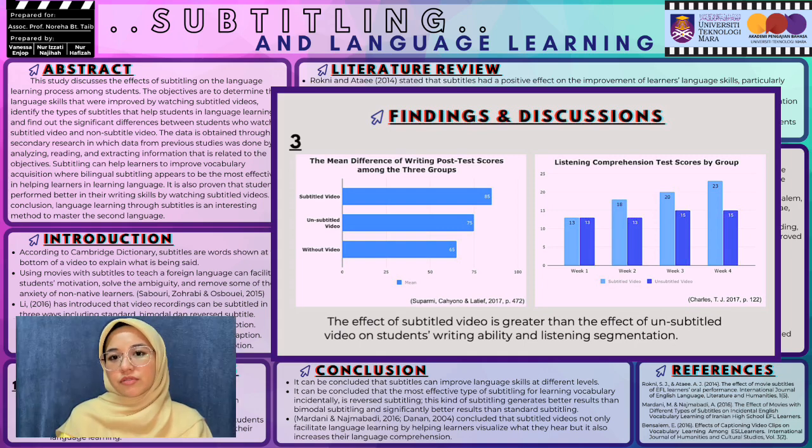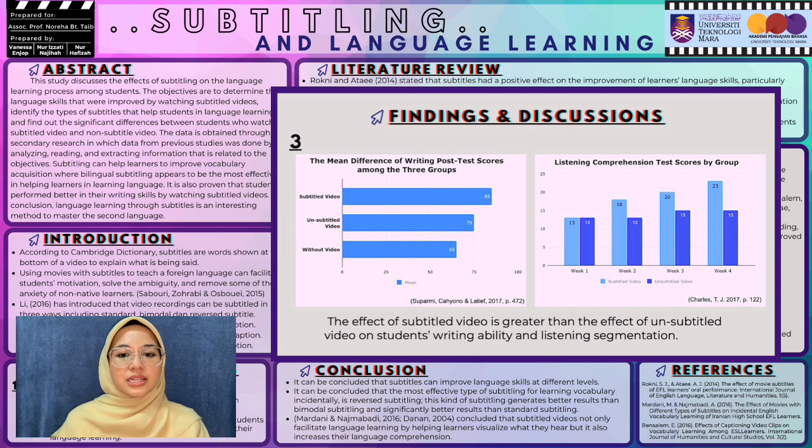The second graph is according to a study on listening segmentation done by Charles in 2017. It shows that the learners who watch captioned videos are able to improve their second language listening skills. As you can see on the graph, the unsubtitled groups, their scores remain constant throughout the experiment, whereas the subtitled groups, their scores were improved on each test.